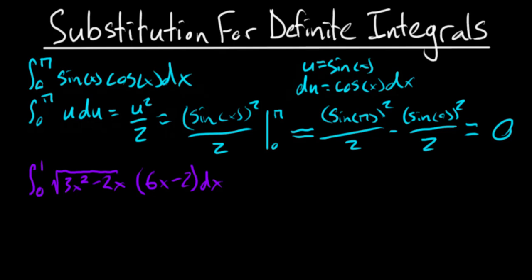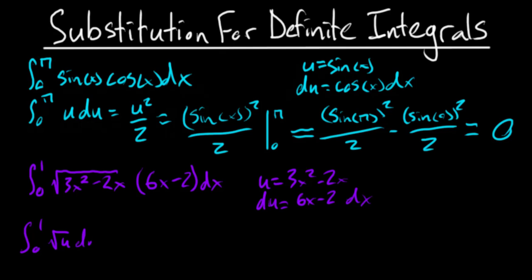We can try and use u substitution. So what if we said that u is equal to 3x squared minus 2x? And du, the derivative of u, is equal to 6x minus 2 dx. Well, we have everything that was in our original problem, so we can rewrite it now. We'll have the integral from 0 to 1 of the square root of u du.